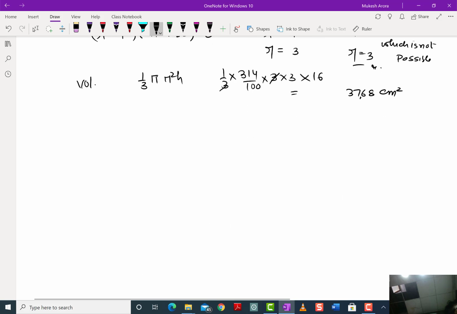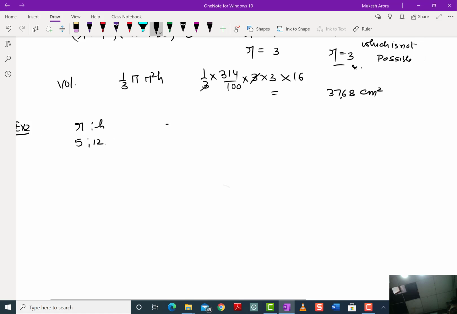So example 2 is: the radius and the height of a cone are in the ratio 5:12. Radius to height is 5:12.